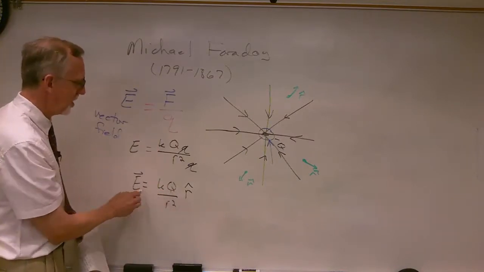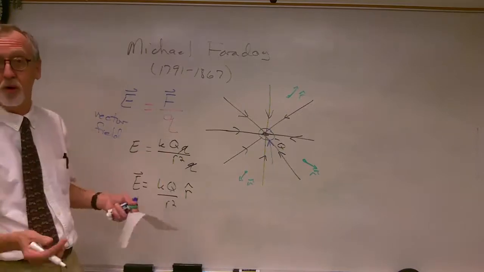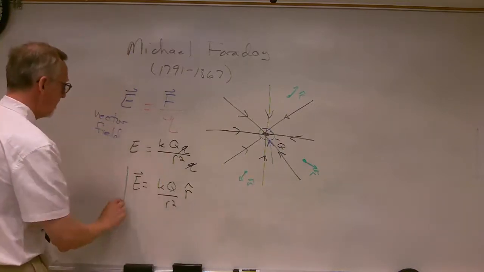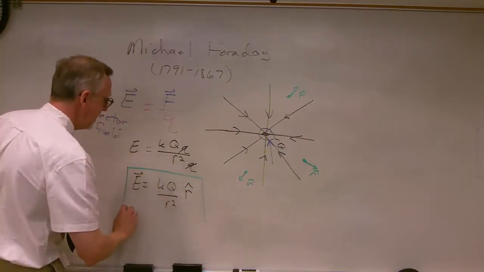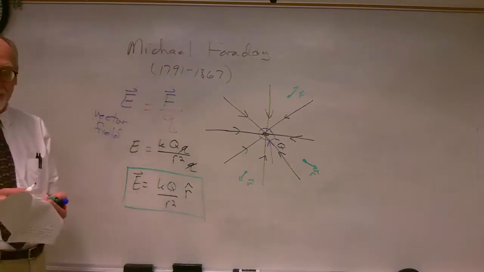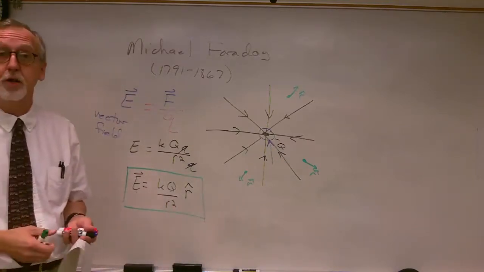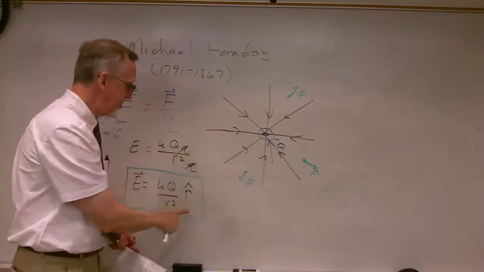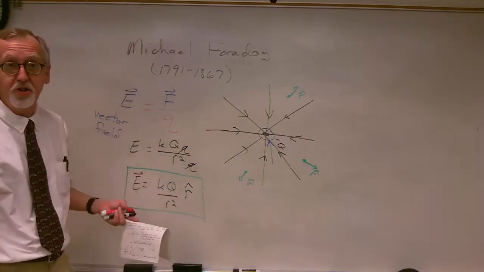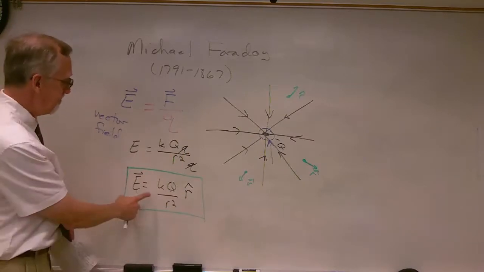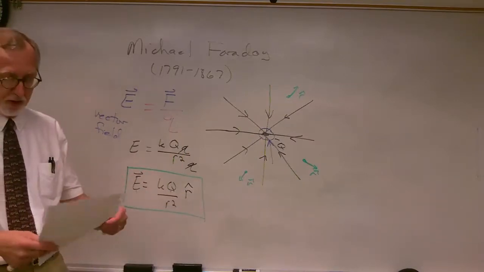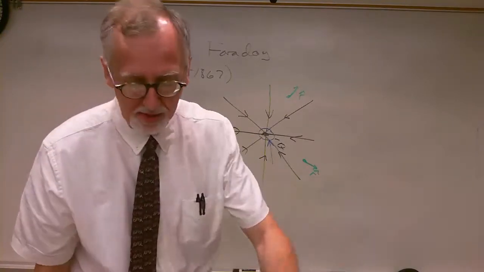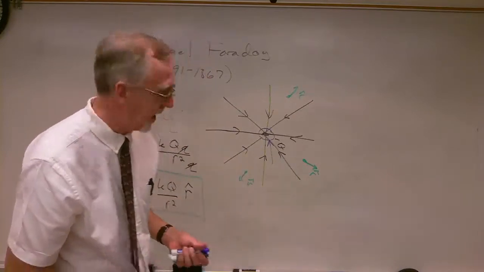If we have a negative charge, the electric field points toward the charge. This gives us a very nice quantitative definition for the electric field created by a particular charge, whether it's positive or negative, and we'll do some calculations using that in just a second.